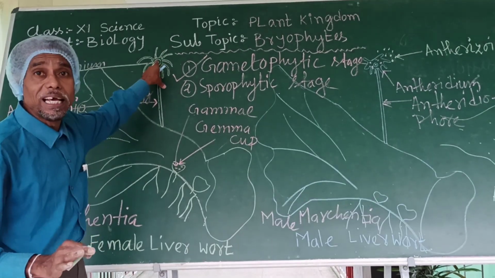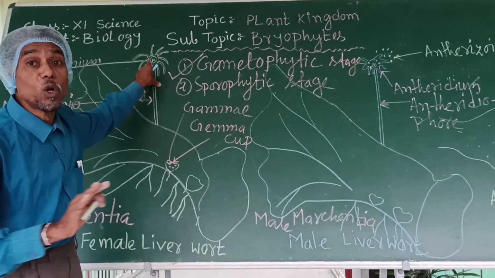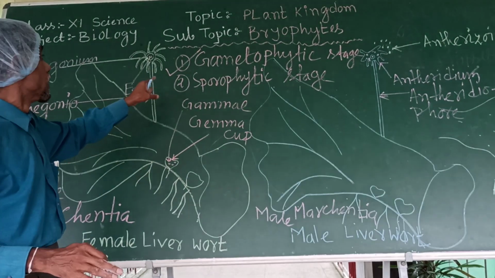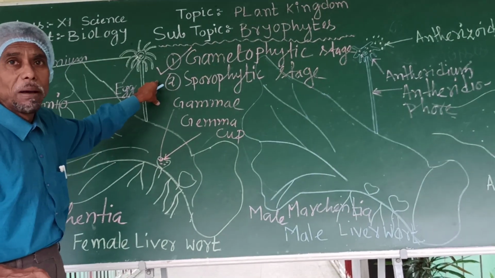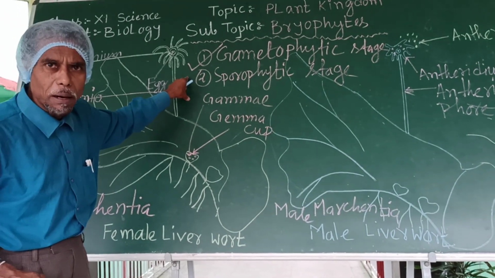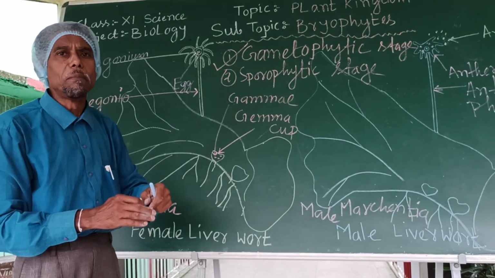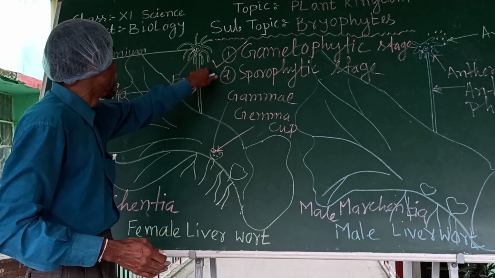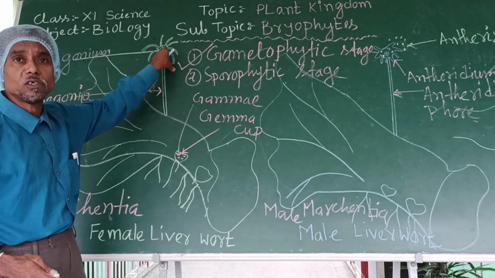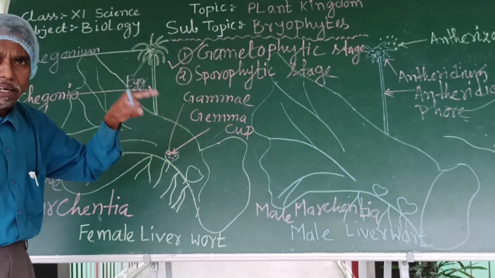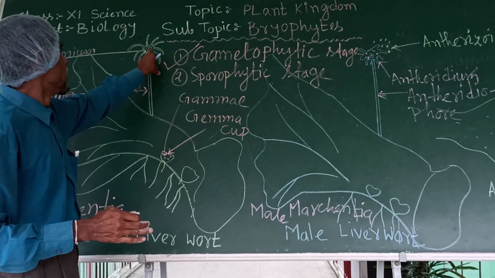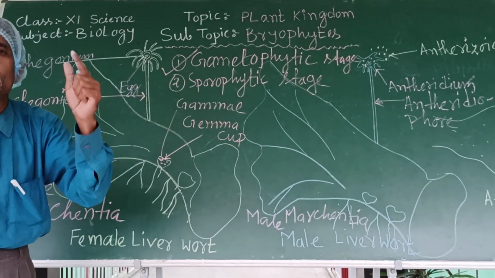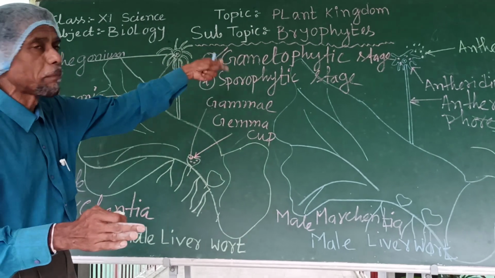Formation of the egg is not a reduction division. Try to remember. Generally, the male and female gametes are formed by meiotic division, that is a reductional division. But here, the very important thing to keep in mind is that the formation of the egg is by mitosis in the case of bryophytes.